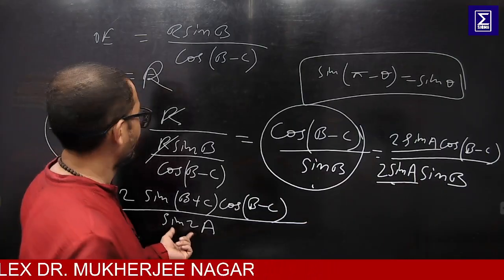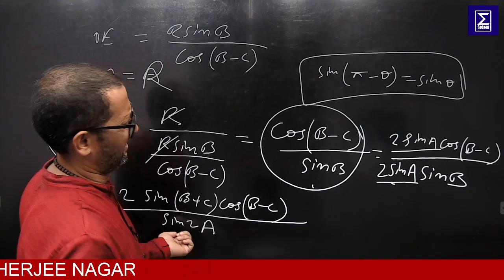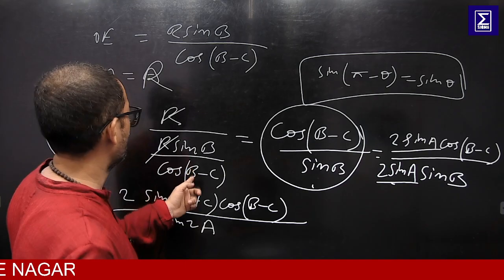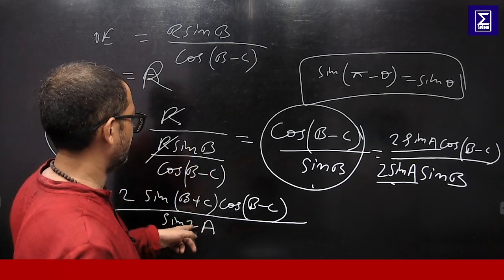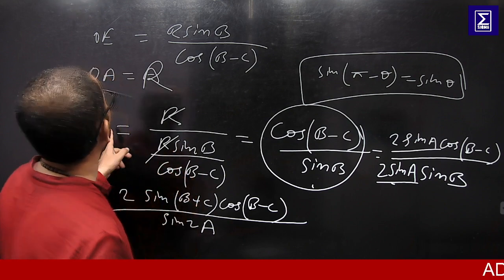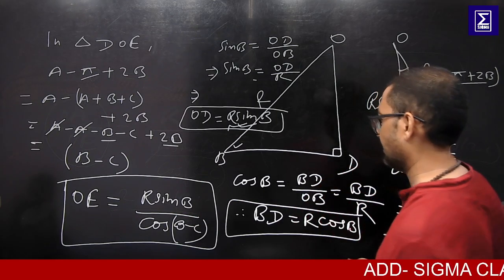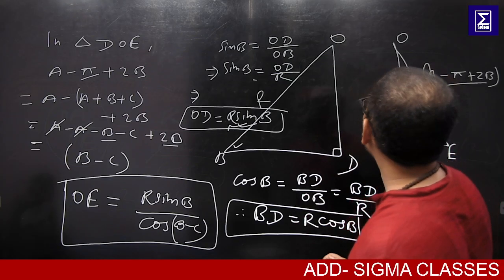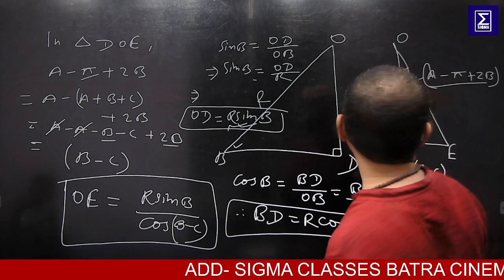Basically what we have to do is sin A, B minus C, sin B. It should be sin A somewhere. Let me check on the previous slide. 2 sin B, here sin(B minus C).